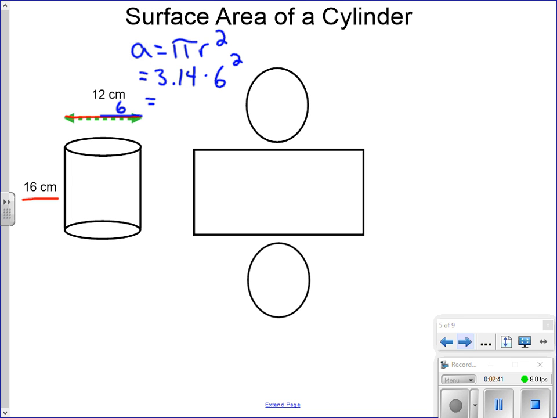So use your calculator. 36 times 3.14 is 113.04. So each of these circles is 113.04 centimeters squared.